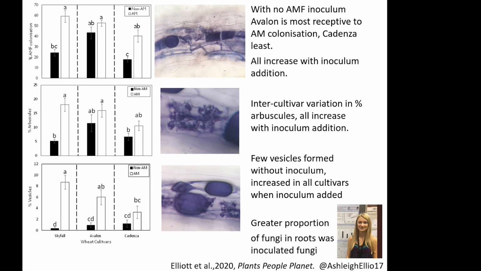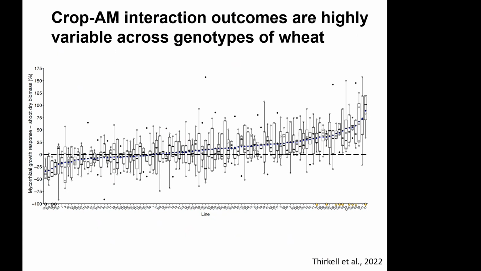These crops do form mycorrhizas, and they can do it, but it's variable across the cultivars. So some cultivars responded much more readily to colonization. For instance, Skyfall, if you compare it to Cadenza, was much more resistant to forming associations. Tom Thurkel took that a step further, and he tested the response to mycorrhization.